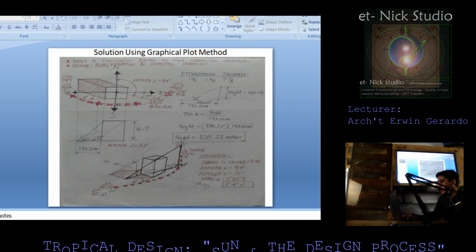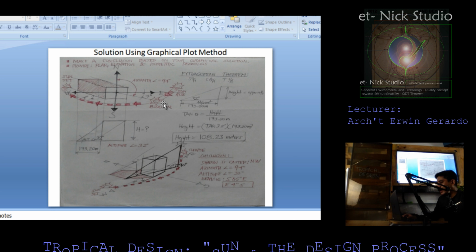So this is how we are able to interpret the solution. Take note that the shadow casted from north till west, northwest, is 90 degrees. That is why from east going to south, we have a 4-degree angle. That is why we were able to come up with the azimuth angle, which is 94 degrees.